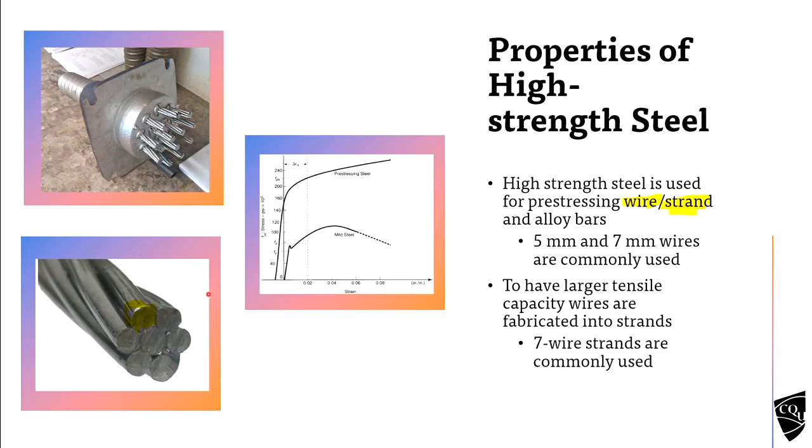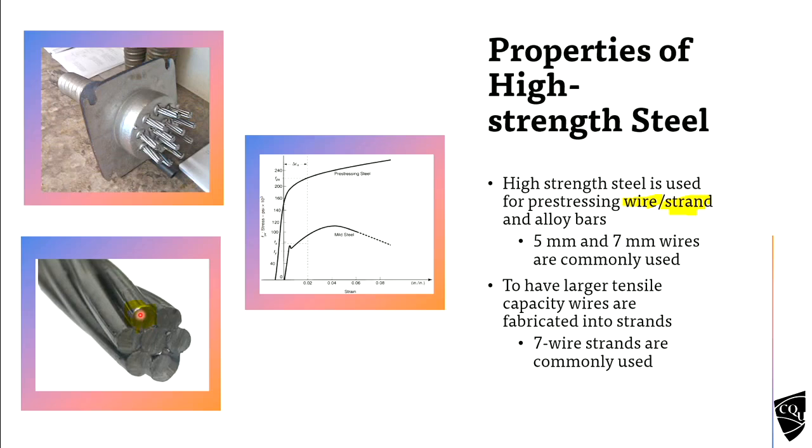A 7 wire strand is very commonly used in pre-stressing in Australia. Each wire is 5 millimeter or 7 millimeter in diameter. There are 2 different wires, either 7 or 5 millimeter.